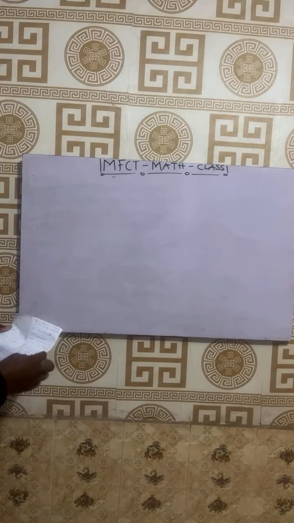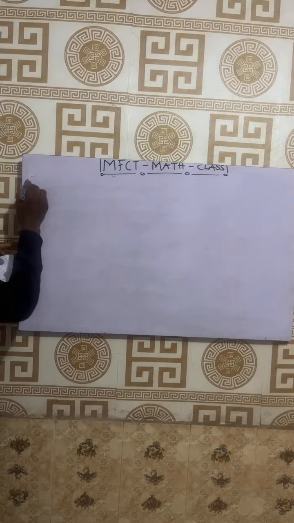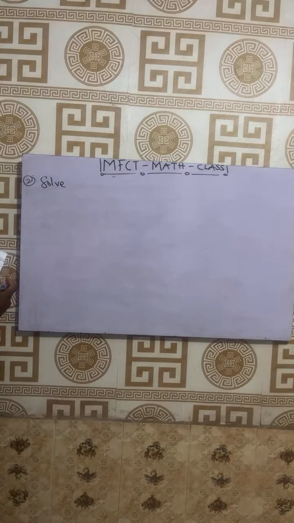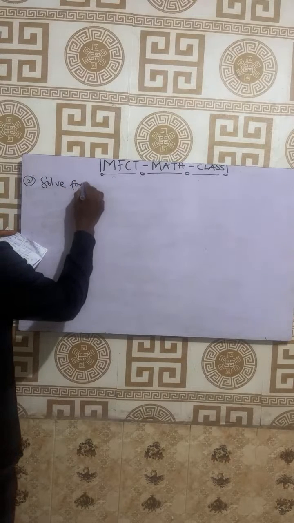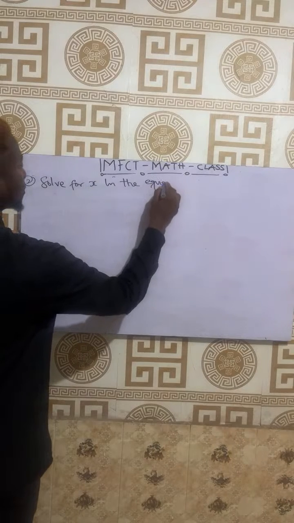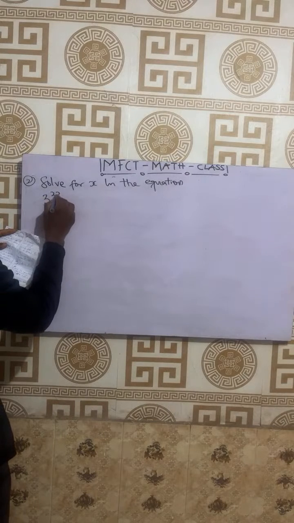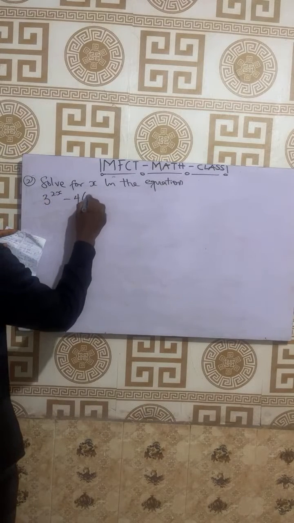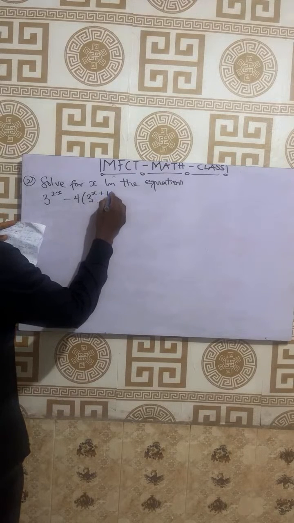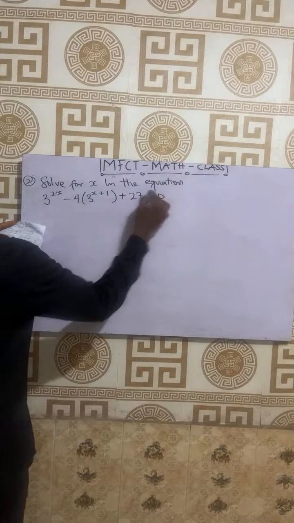So the next example I have here is: solve for x in the equation 3 raised to power 2x minus 4 times 3 raised to power x plus 1 plus 27 is equal to 0.